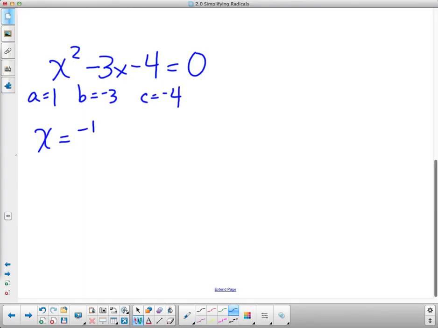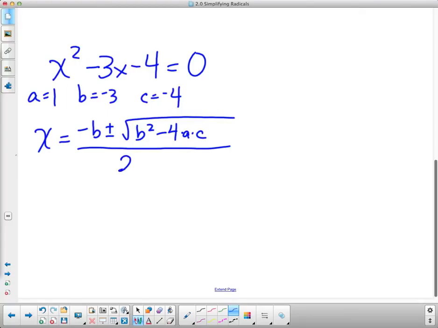So when we go to this equation, yeah, it's going to end up being a positive in the beginning there. So x is going to be the opposite of negative 3, which is going to be positive 3 right there. And be careful when you do the square. Don't write it this way because that's not squaring the negative 3.